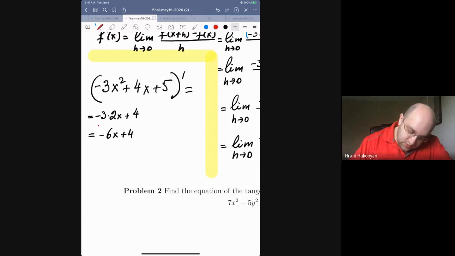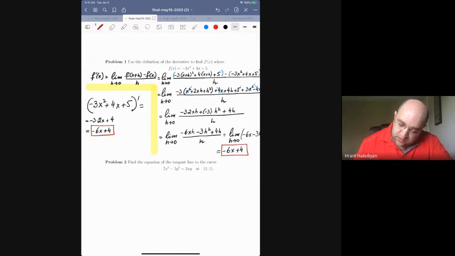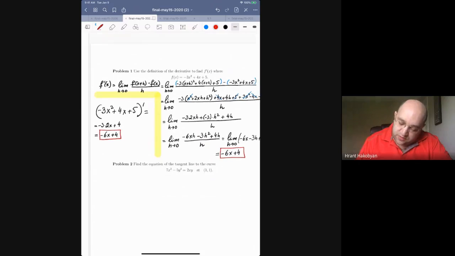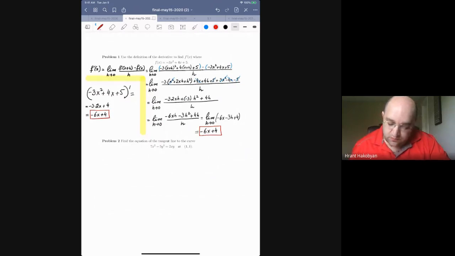This is just to check that in fact we got the correct answer using the definition of the derivative. Okay, are there any questions?